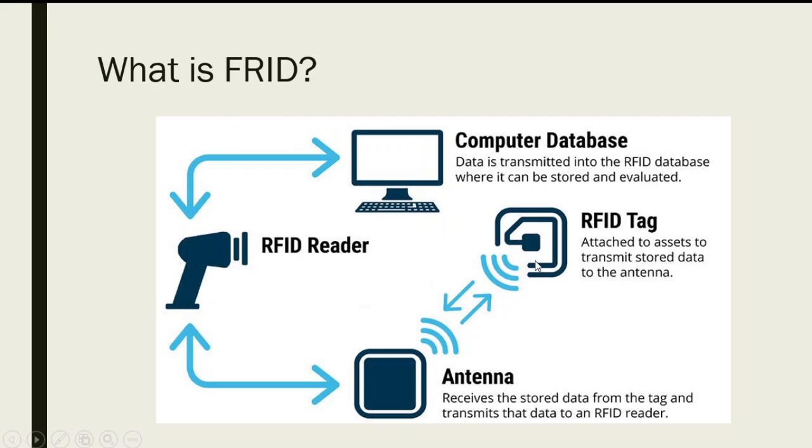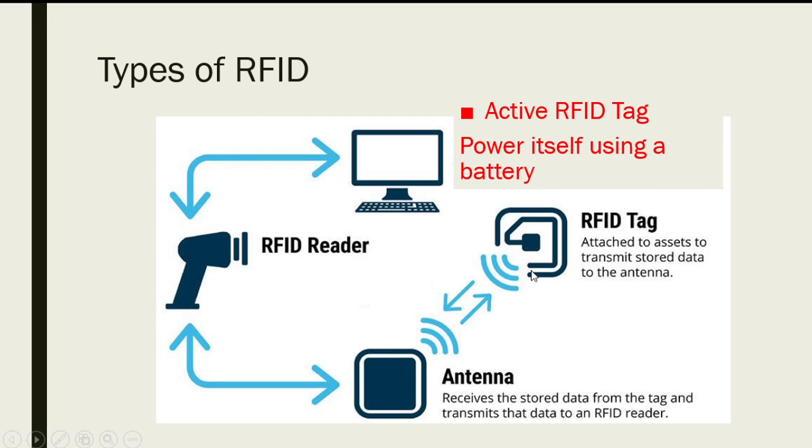So there are two types of RFID tags based on how these RFID tags are being powered. The first one is active RFID tags, which is very simple. That means this particular RFID tag is being powered by a battery. So the battery will be powering this particular chip and the antenna.